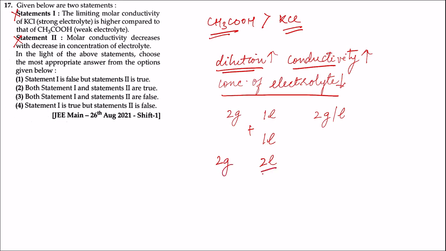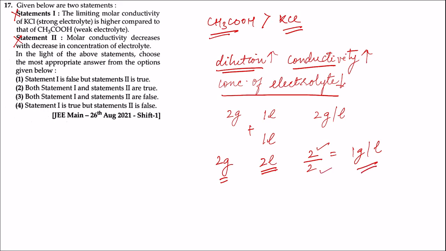So dilution has increased. Now the concentration of this solution is 2 divided by 2, that is 1 gram per liter. Weight of solute divided by volume of solution. So this is the strength of the solution.